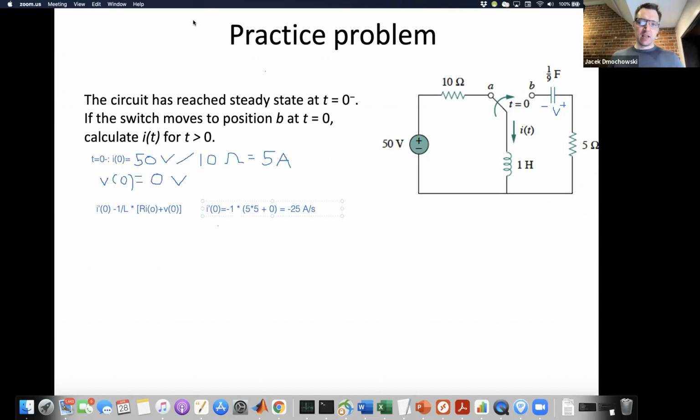All right, so now let's draw this circuit at time equals 0 plus. What you will see is that the circuit now loses its source, so it becomes source free. It just becomes the inductor, the resistor, and the capacitor.